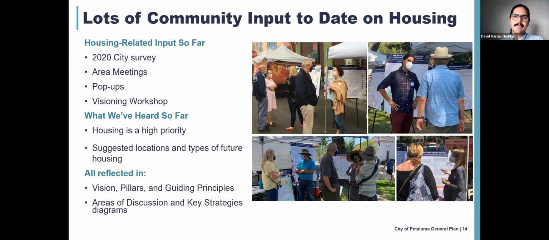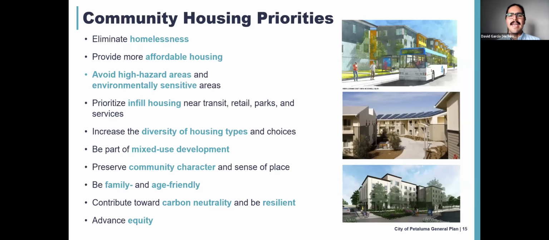And we also received important input about the locations and type of future housing, along with other considerations about how we consider this in our larger ecosystem. Next, I'll review some of the larger themes and community priorities that we've heard so far and how they were reflected in the vision, pillars, and guiding principles.